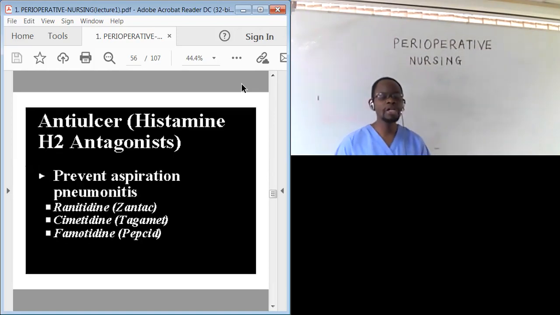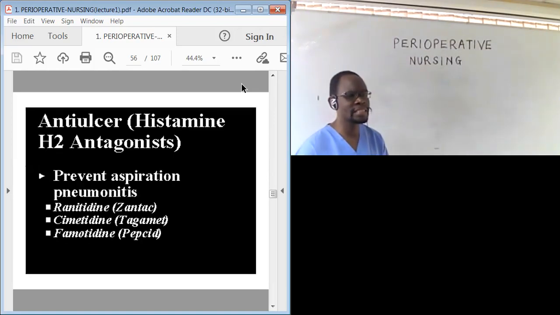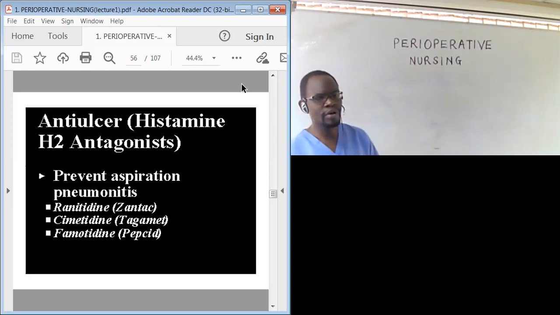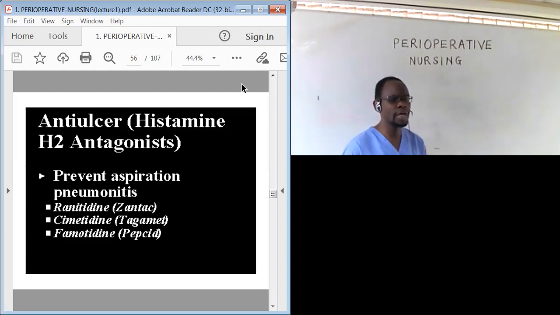So we also have the H2 receptor blockers, or what we refer to as the antihistamines or H2 antagonists. These basically prevent aspiration pneumonitis.